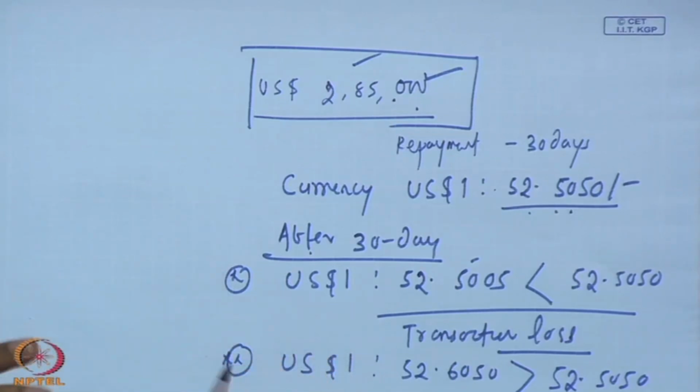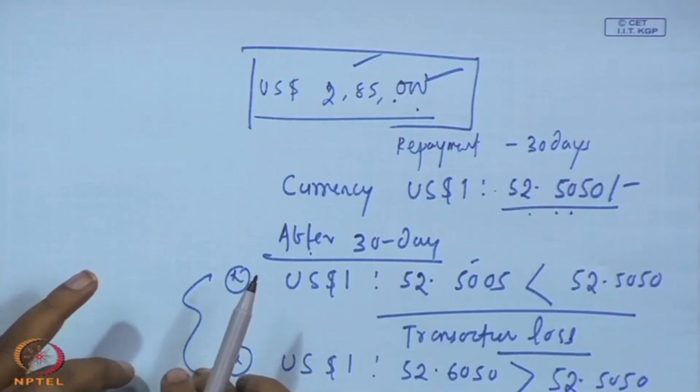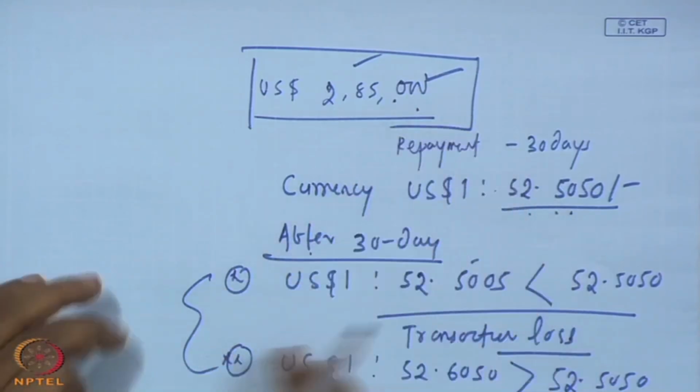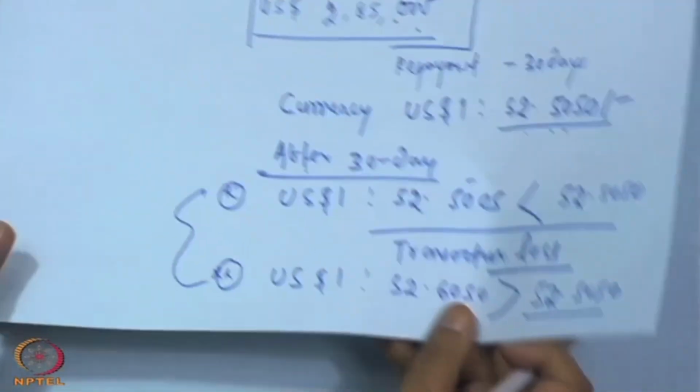So, anything which creates a risk for him is a transaction exposure. The chances of loss or gain depend upon the future market, and the future market is uncertain, and this leads to uncertainty, and it is a transaction exposure.